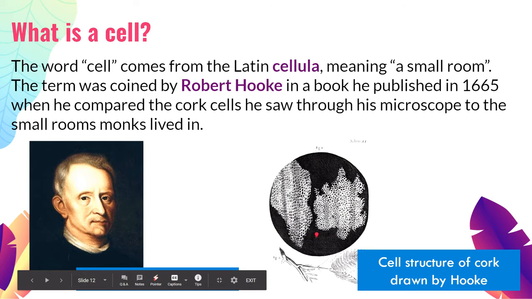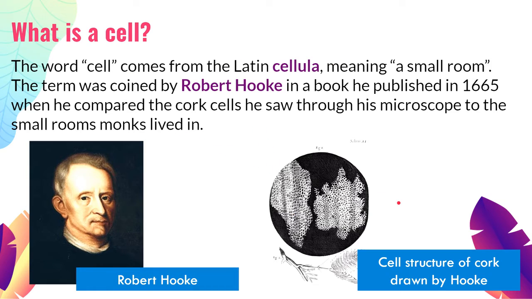That's the outer layer of a plant. He looked at it under his microscope and saw these structures, and he said they look like small rooms that monks or priests or nuns used to sleep in, which are called cellula, so he called them cellula. Small rooms monks live in. Eventually the term cellula was reduced to cell. So this is Robert Hooke.